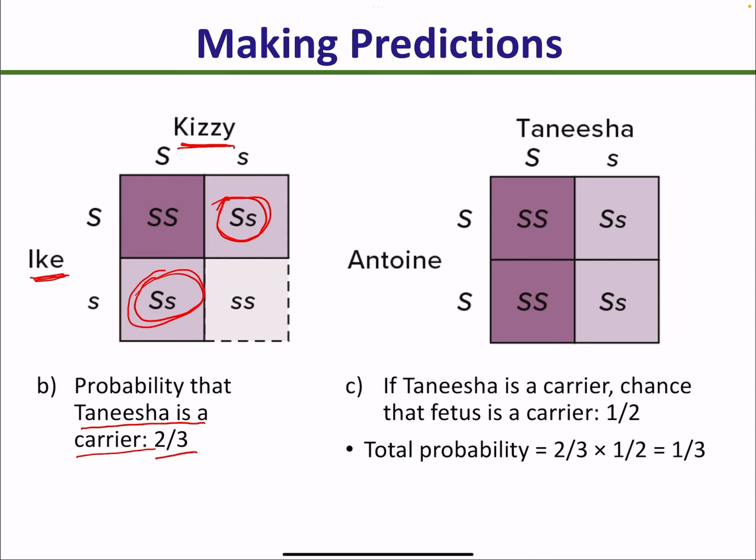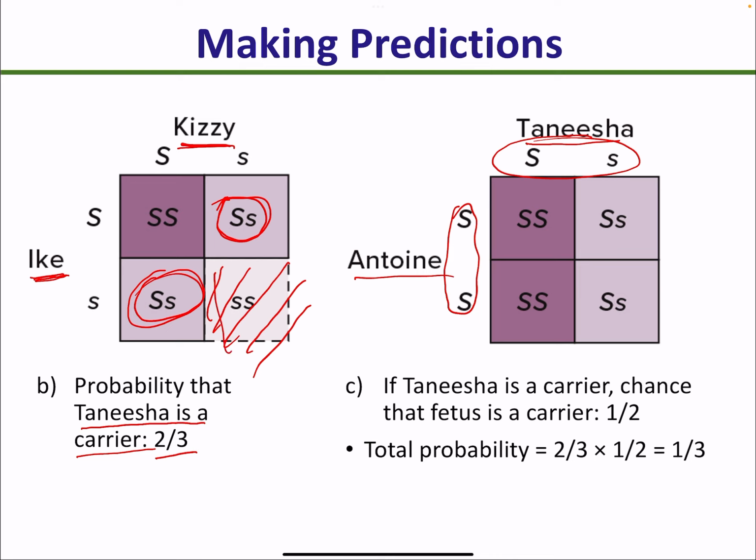And here, let's take a look at Tanisha and Antoine. Antoine is normal. Tanisha has a chance to be a carrier, right? Now, because we have 2 chances out of 4 here, we know that Tanisha is not SS, lowercase s, lowercase s.